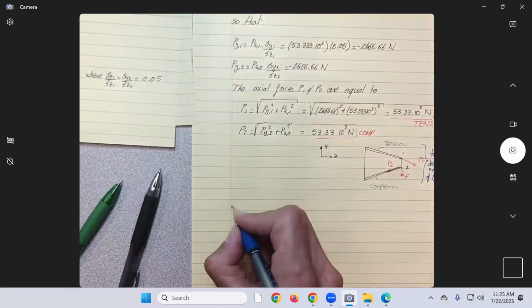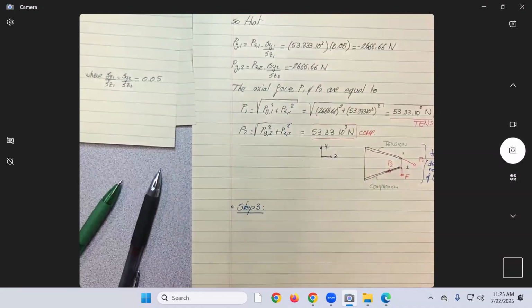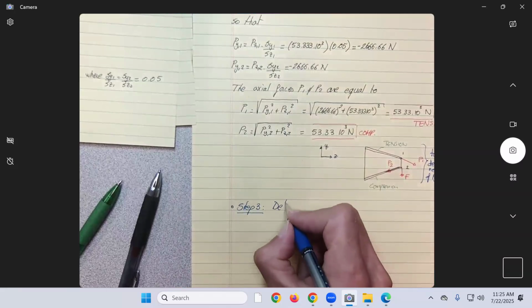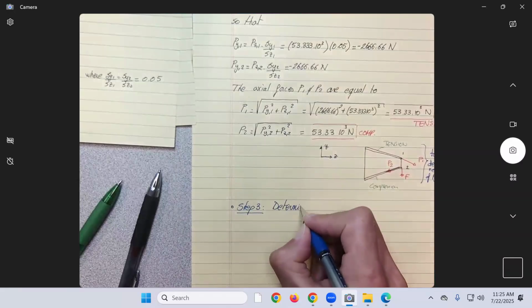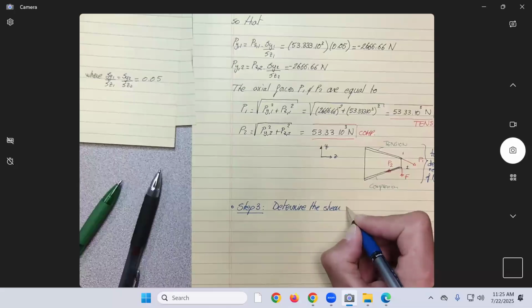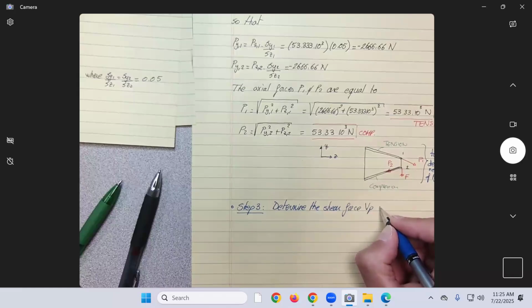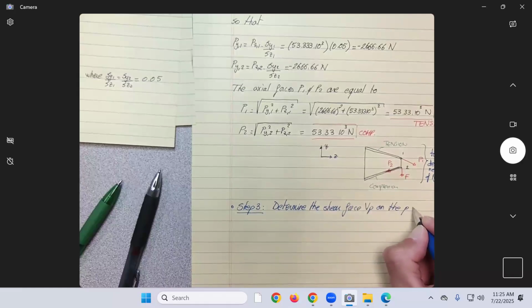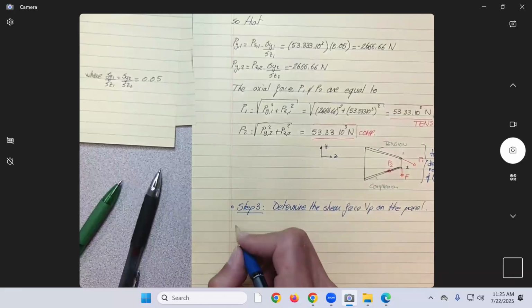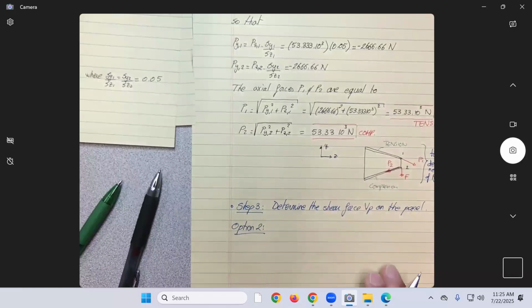All right, if you look at the notes, what is step 3? Determine the shear force Vp on the panel. Yes, we need option 2, correct, so we're going to do option 2. Perfect, I forgot about that. All right, thank you.